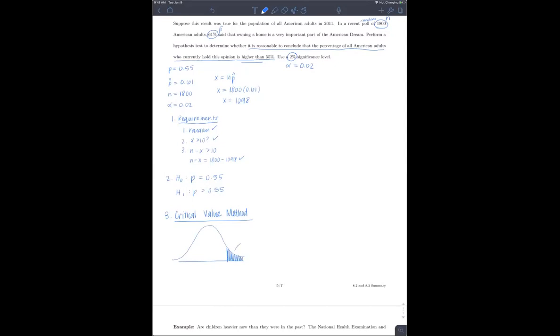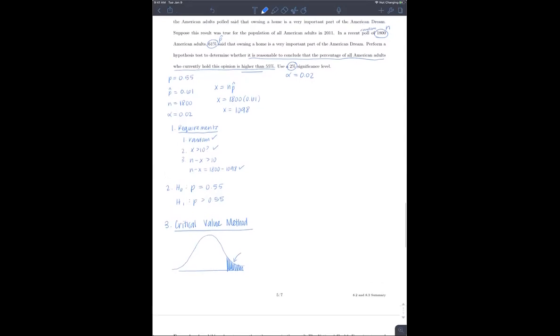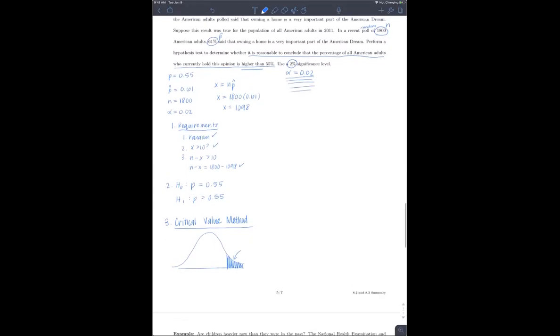And so here, this is my critical region. What's the area of that piece right there? Yes, good job. 0.02, right? Because the area of the critical region is the significance level, which is alpha.